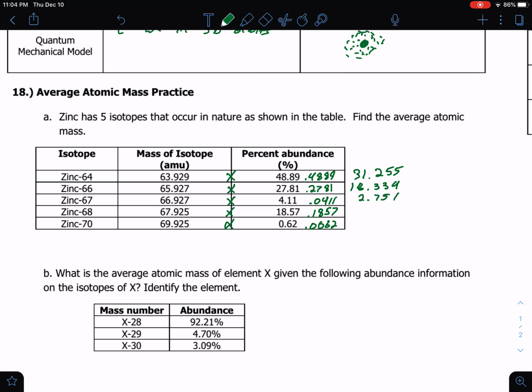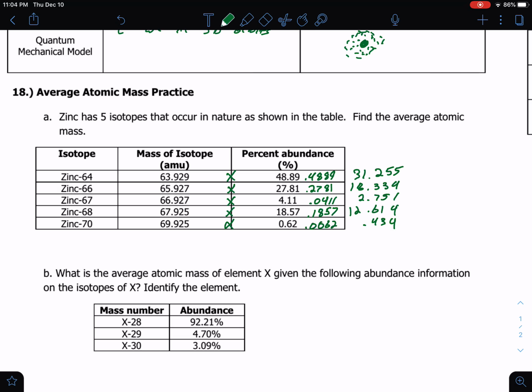Then 67.925 times 0.1857, and that gives me 12.614. And lastly, 69.925 times 0.0062, and that gives me 0.434.